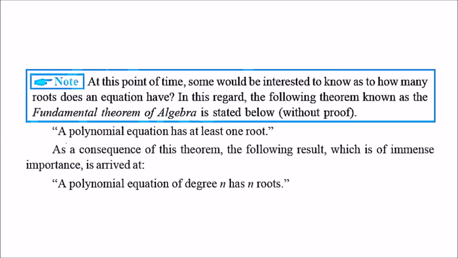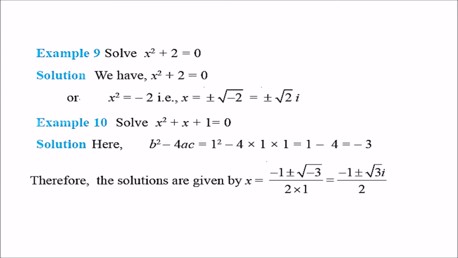This we must know, because we have already known that a polynomial equation has at least one root, and a polynomial equation of degree n has n roots. So the quadratic equation, because quadratic means x square, is going to give you 2 values. An x cube polynomial gives you 3 values, like this.